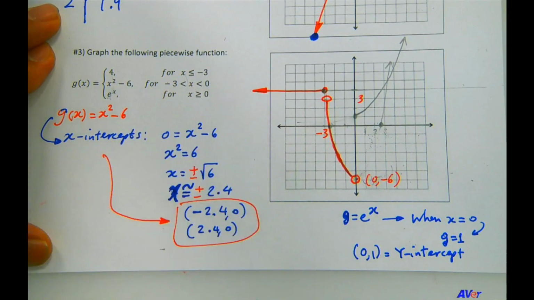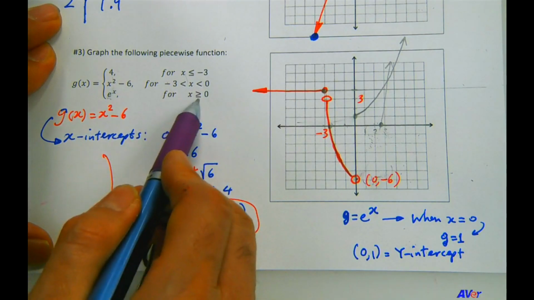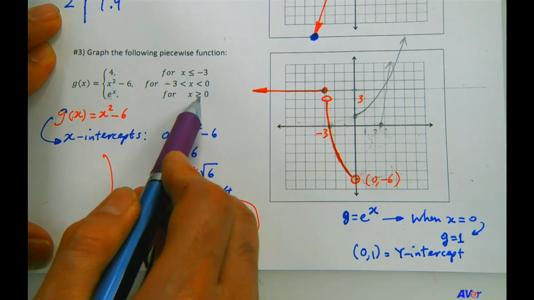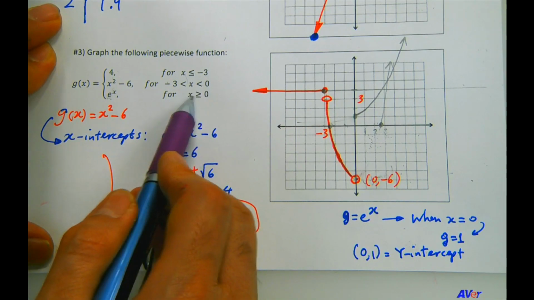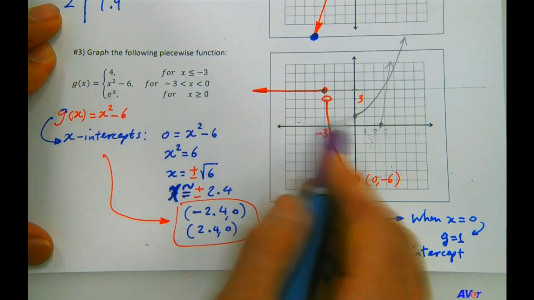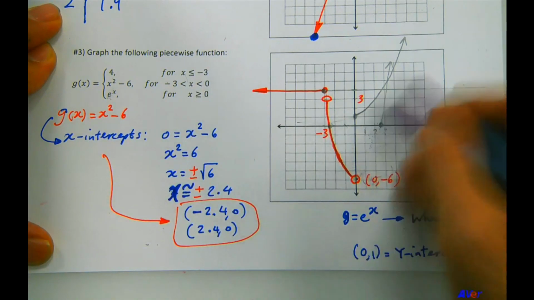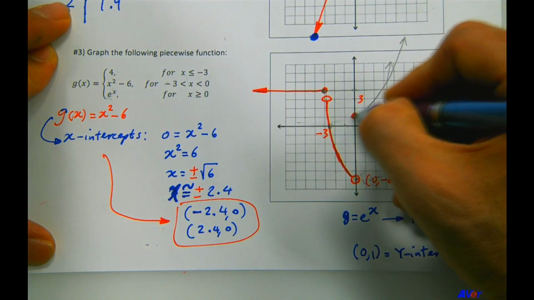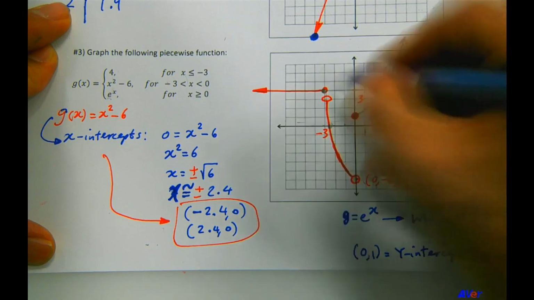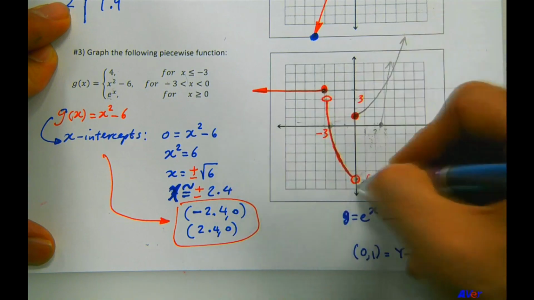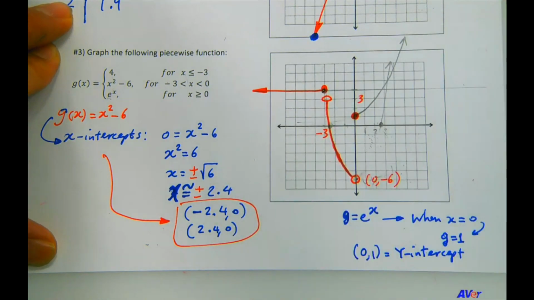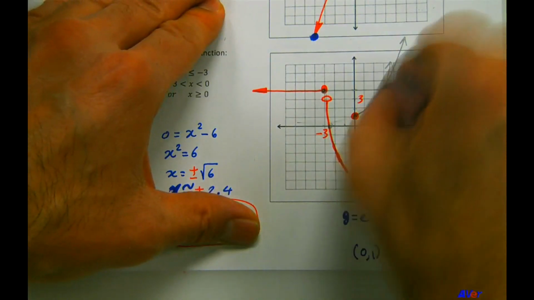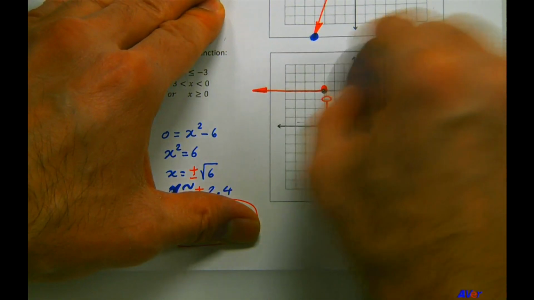Okay? What happens after that? At x equals 0 or anything positive, the exponential function takes over. So that's correctly a filled in circle. These two are hollow, and the rest of it is going to be that. So I need to erase all the other pieces of that, and the horizontal line as well.